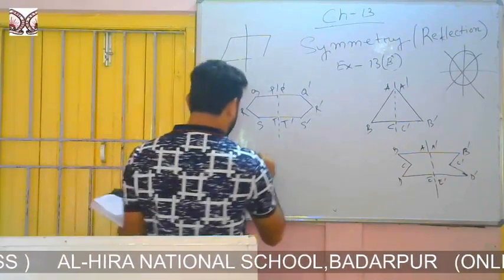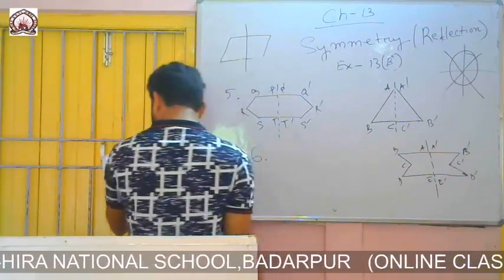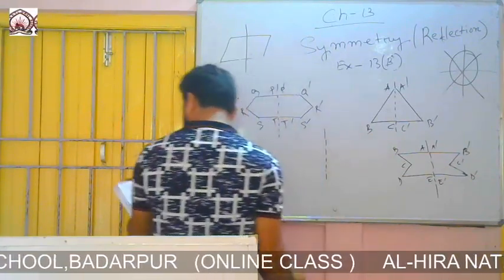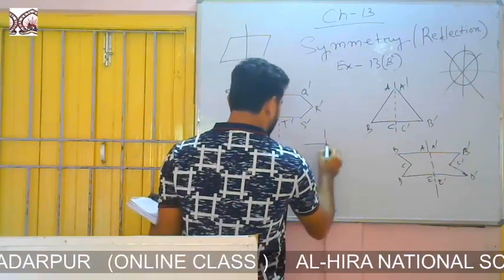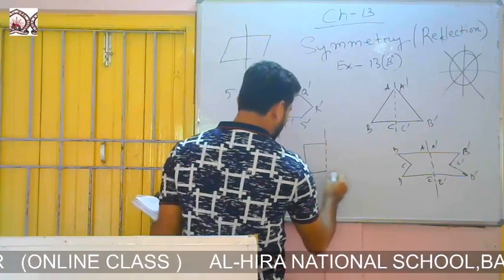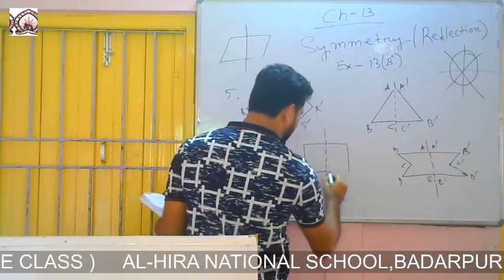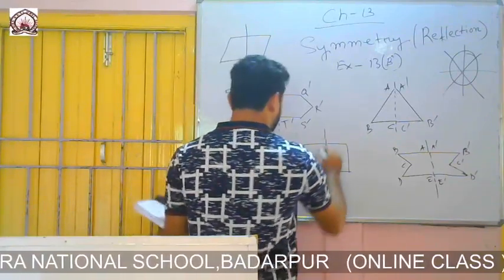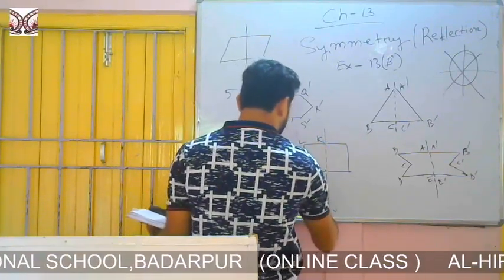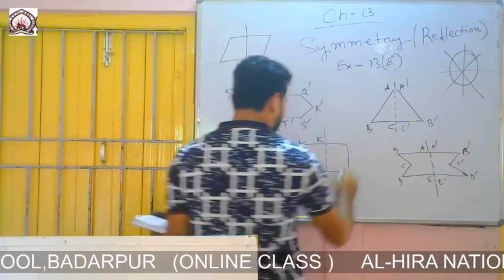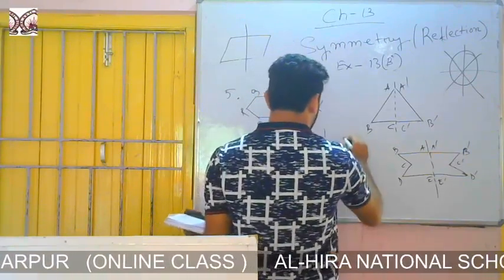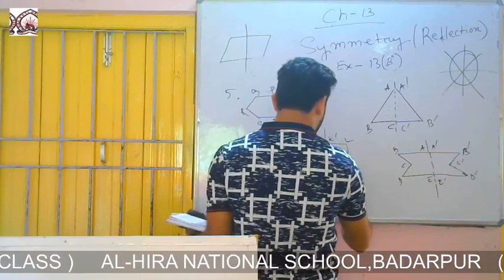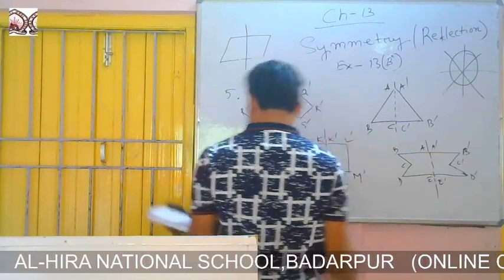Now come to 6. It is the mirror. So we'll get like this. The names are given K, L, M, N, and K dash, L dash, M dash, N dash, like this.